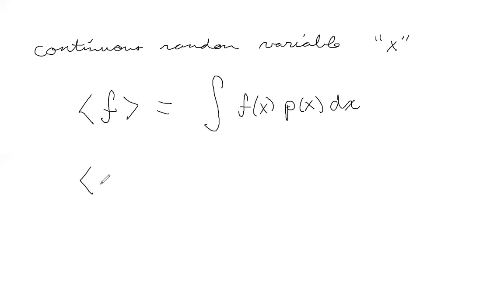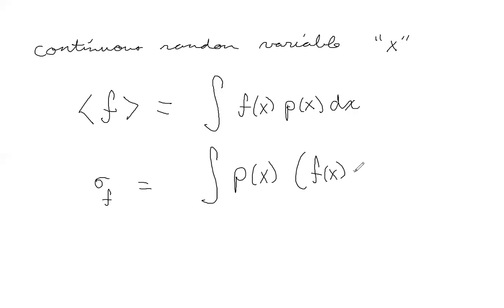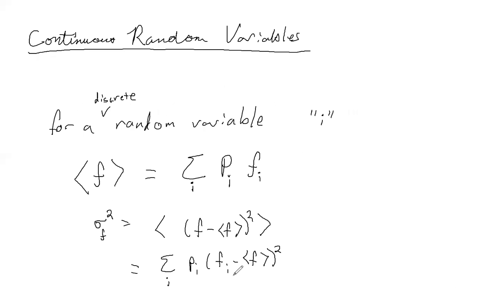The standard deviation would then simply be given by the integral of the probability of X times F of X minus the average value of F, and then I have to square that quantity, dx. You'll see that's the natural generalization of this definition.